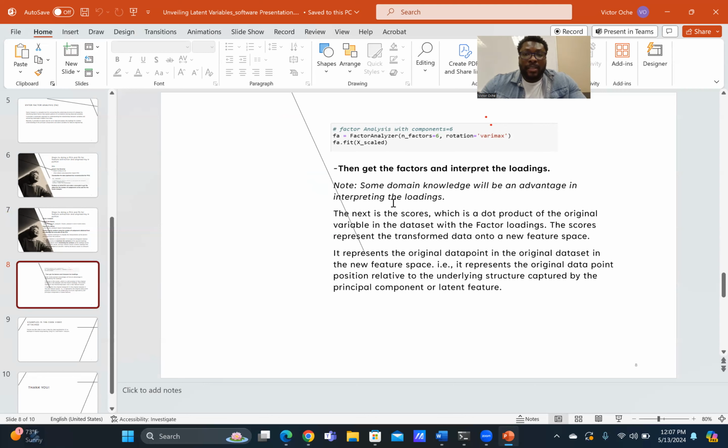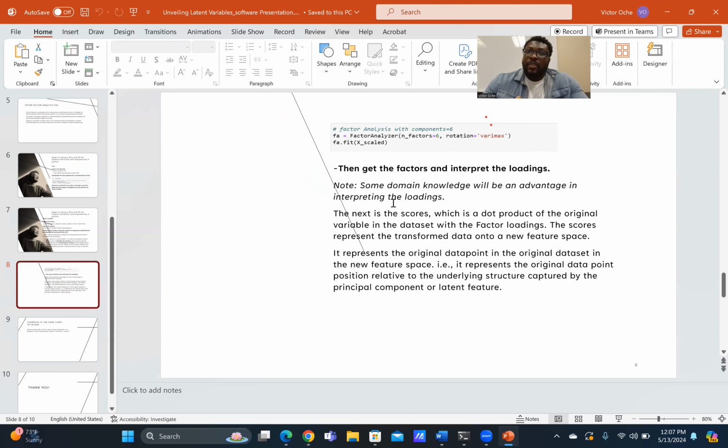So after we get the factors, we interpret the loadings. Now, sometimes if you have domain knowledge of the data and of what you're trying to do, it will be easier to interpret the latent variables.